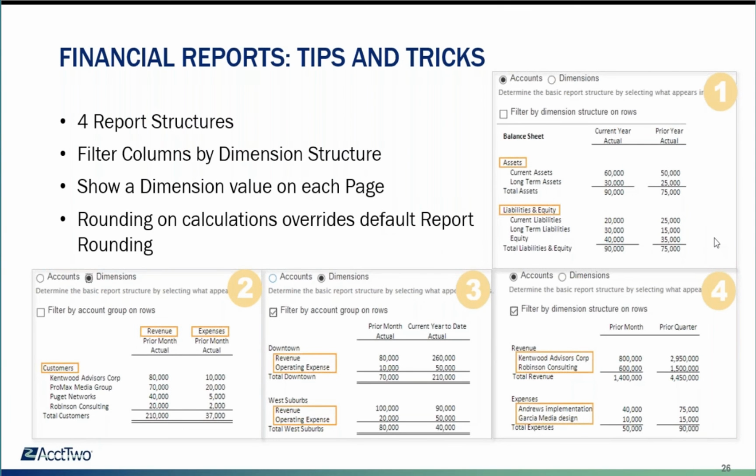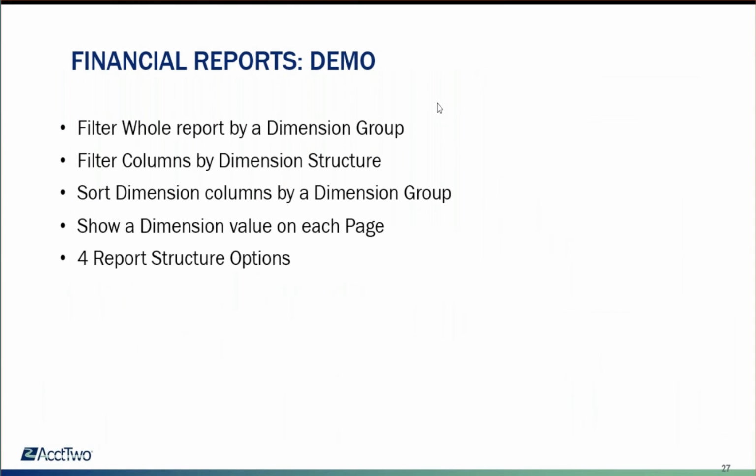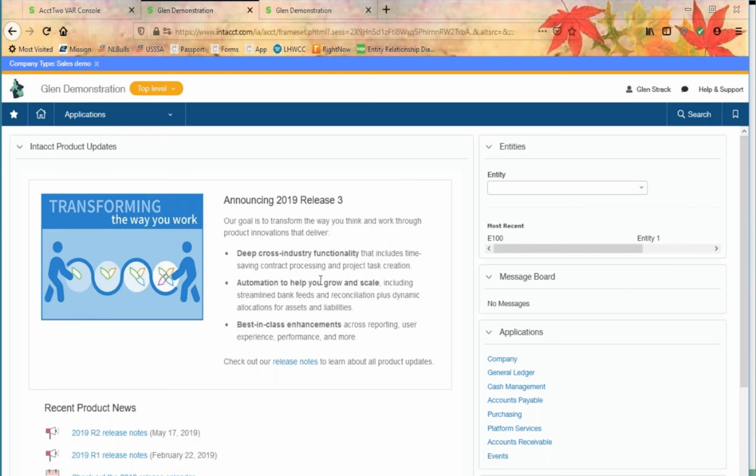So let's dive into a demo. There's a few things that we want to take a couple minutes and look at. To do that, I'm going to click, in theory, right here. There we go.